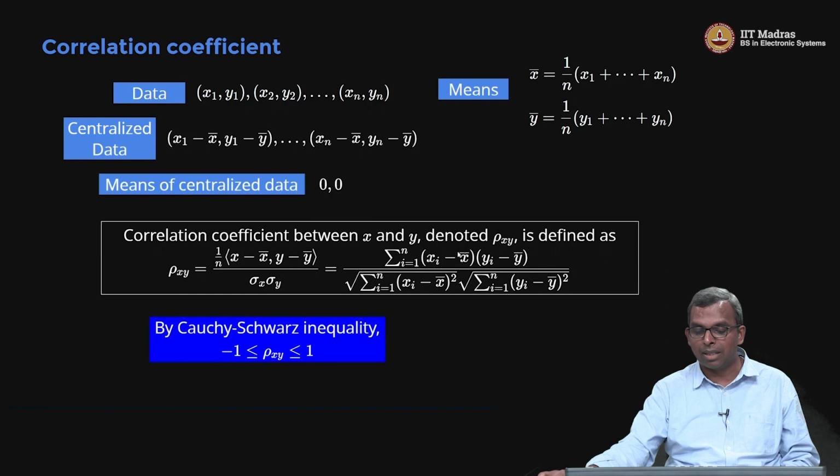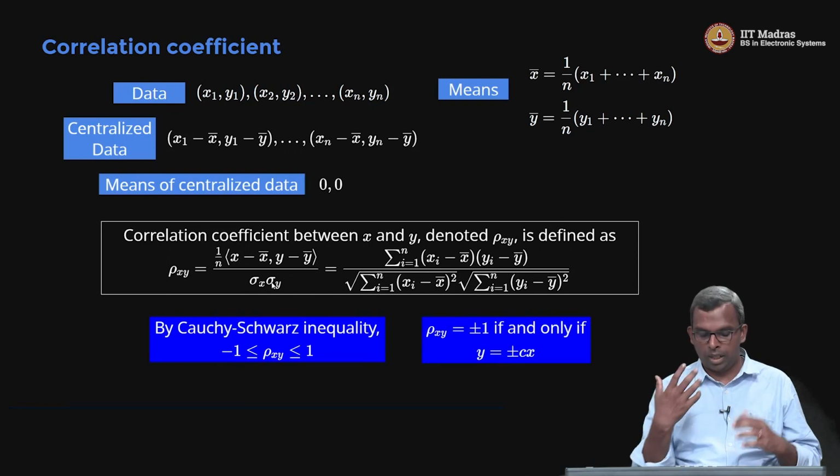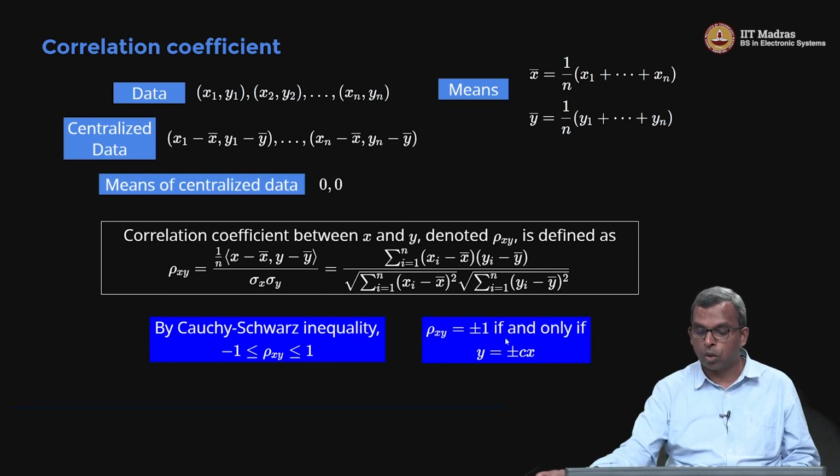Since it's inner product divided by norm times norm, Cauchy-Schwarz still applies, right? Cauchy-Schwarz tells you that rho xy is between minus 1 and 1, and if rho xy is 0, then maybe x minus x bar and y minus y bar are orthogonal to each other, not very related. But if rho xy is close to 1 or minus 1, then there is a very clear relationship between y and x. So this is the correlation coefficient.